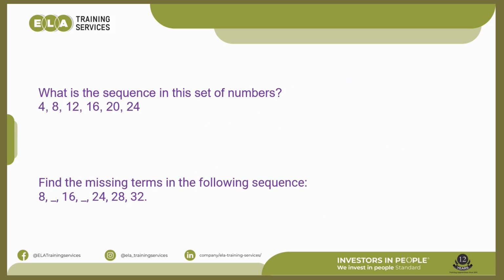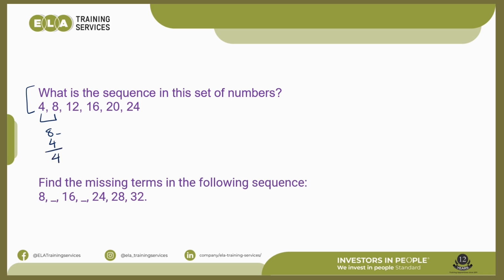Let's try this top sequence. What's the sequence in this set of numbers? Meaning, what intervals are these going up by? Let's pick the first two. 8 minus 4 is 4.